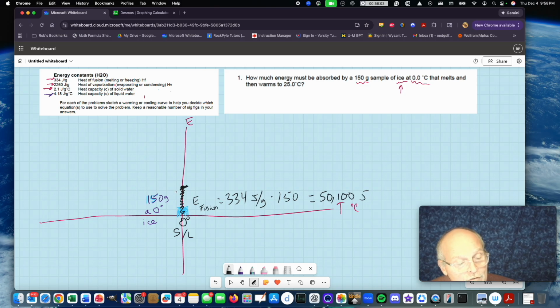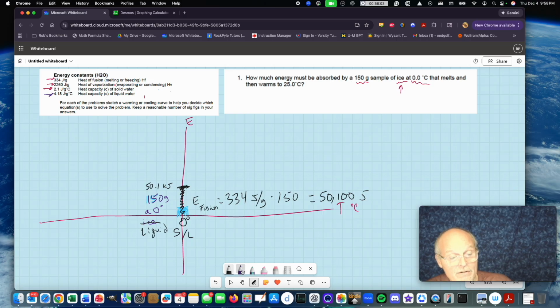So after the first step, I'm going to go 50.1 kilojoules. That's my energy level after I have created liquid from all of the ice. All I did was phase change. There was no temperature change. This is now 150 grams of water at 0 degrees, but it is now liquid.